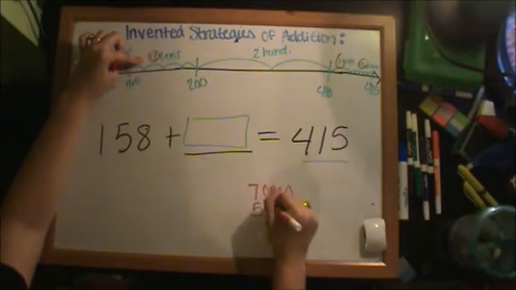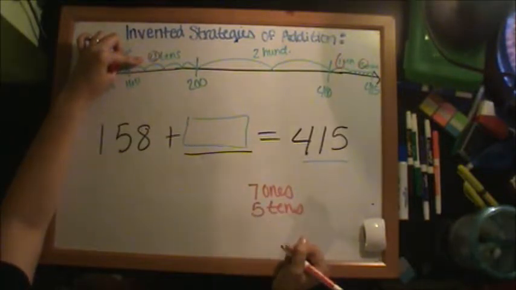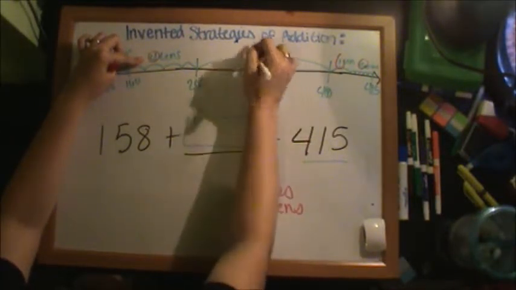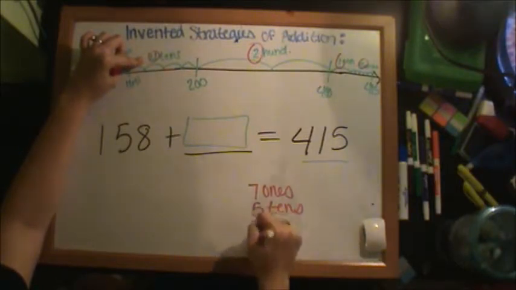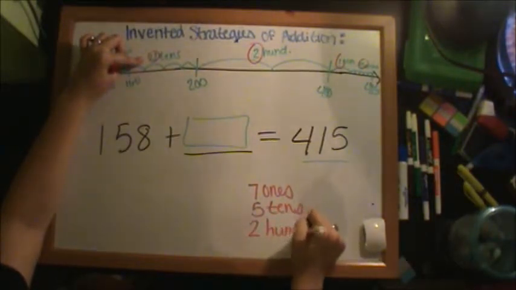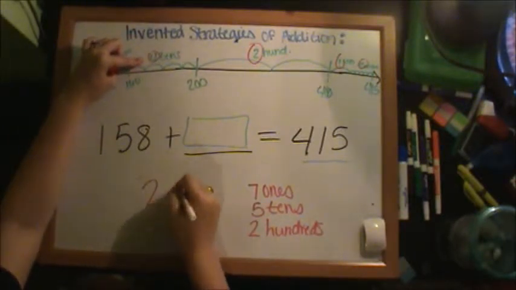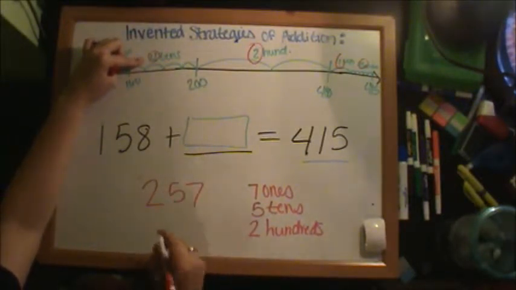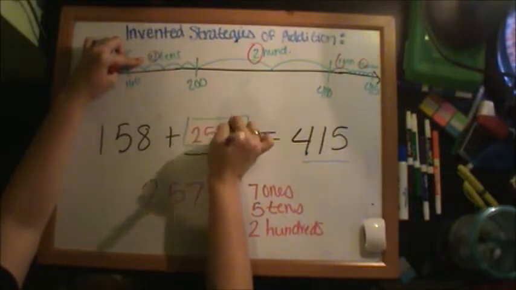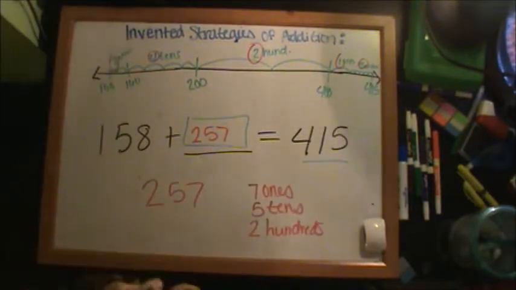I have 5 tens. And then I have 2 hundreds. So, by looking at this, they know that they have 257. So 257 plus 158 is 415.